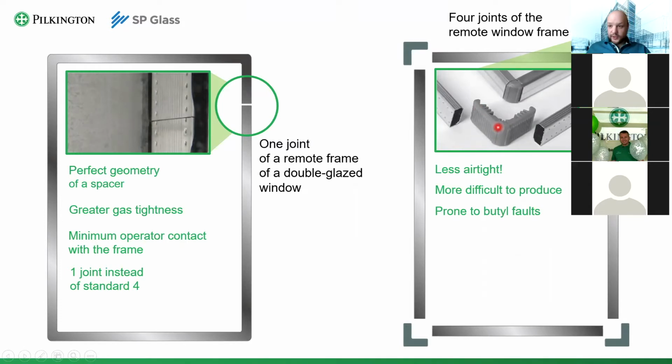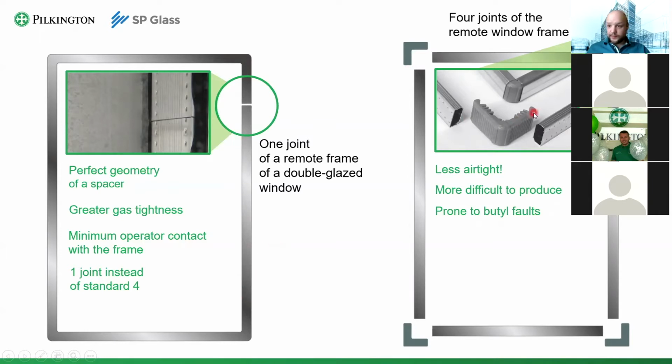Now, every connection is a potential for your IG unit being less airtight than it should be. So every connection is a potential way that water vapors can get in. Basically, the less connections you have, the better. So in terms of airtightness, a bent spacer is preferable.